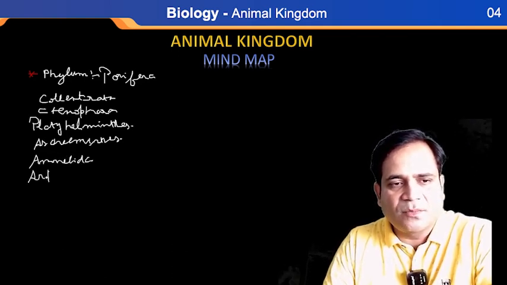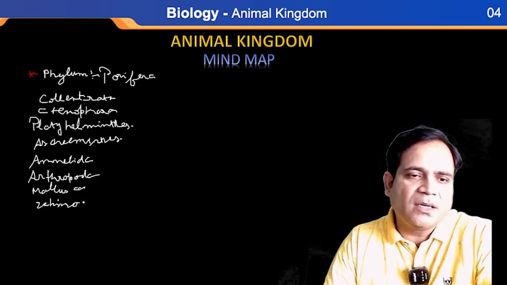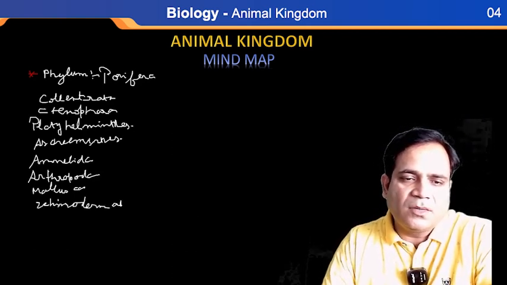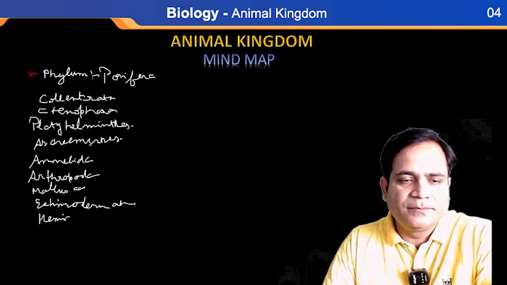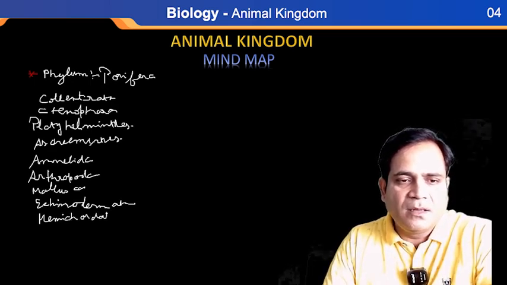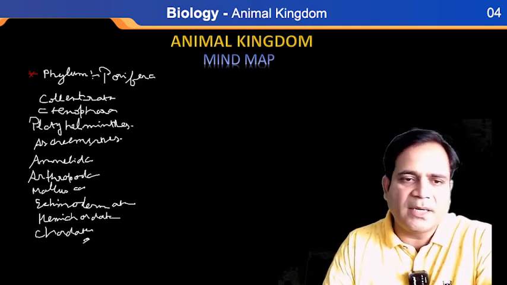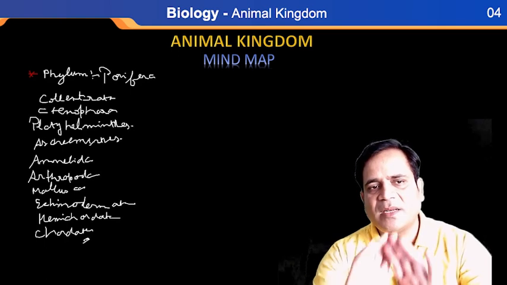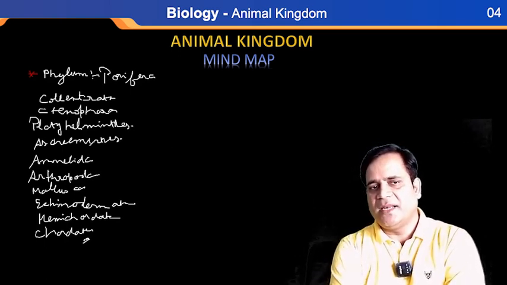Next Arthropoda, then Mollusca, Echinodermata, Hemichordata, and the last one is Chordata. Correct? So this is the basic thing that you have to learn, all these phyla, which is very, very important to know, my dear.